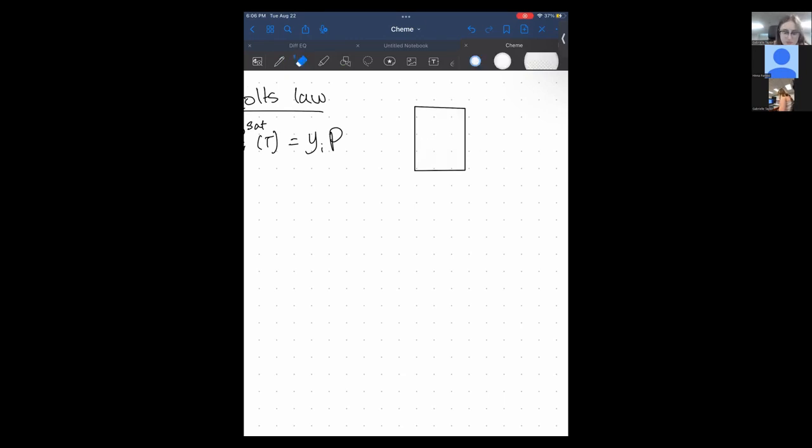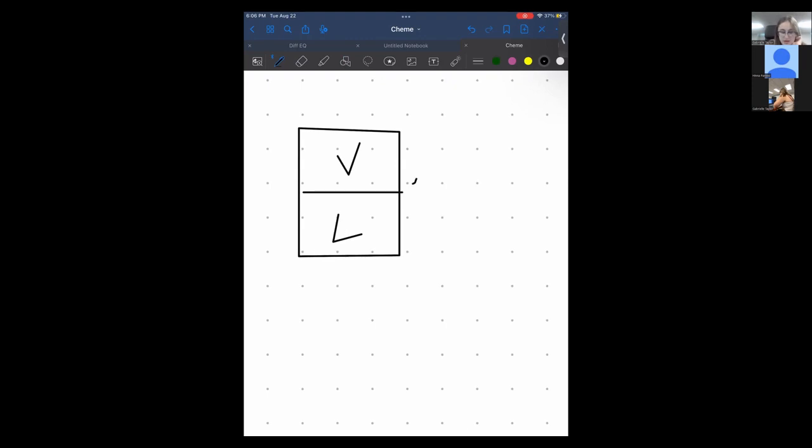So let's go over here and kind of draw what's happening. Let's have this box, right? And inside this box, we're going to have our liquid and our vapor phase. And then inside our liquid and our vapor phase, we're going to have mole fractions of our component. And right here is our interface. So our interface is the equilibrium between our vapor and our liquid, right?